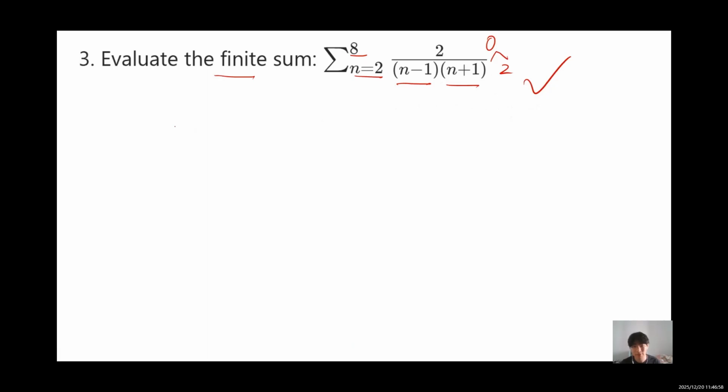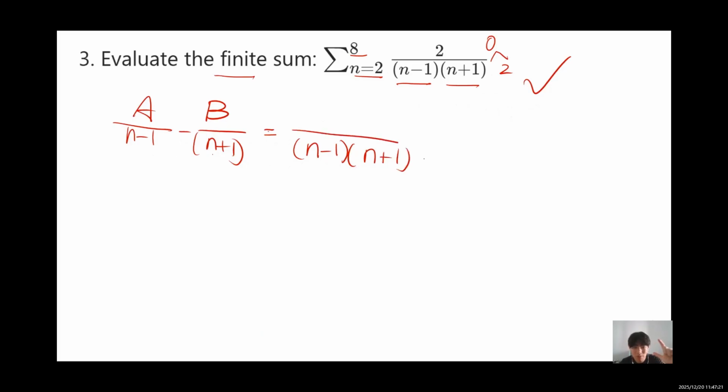Okay, then do the same thing as we have done. Minus n plus 1 and get it back to the original form. a, oh, sorry, this is plus.